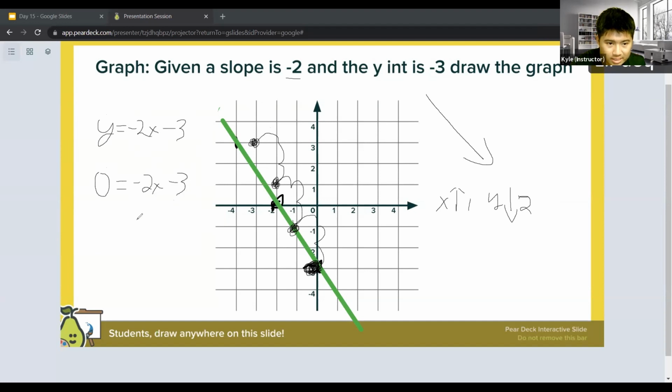So when we do this, the x-intercept is -3/2, or x equals -1.5. So the x-intercept should be right here, and this makes sense because if I draw a line through all these points that I made, they'll all line up.